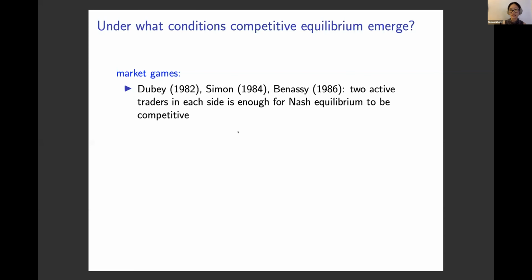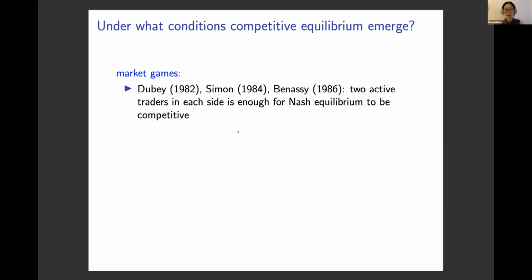With their mechanism, the result is that when there are 2 active traders on each side of the market, the Nash equilibrium outcome is competitive. In this paper, we expand their result to an indivisible good environment, and we obtain a sufficient and necessary condition for the coincidence of Nash equilibrium and competitive equilibrium.